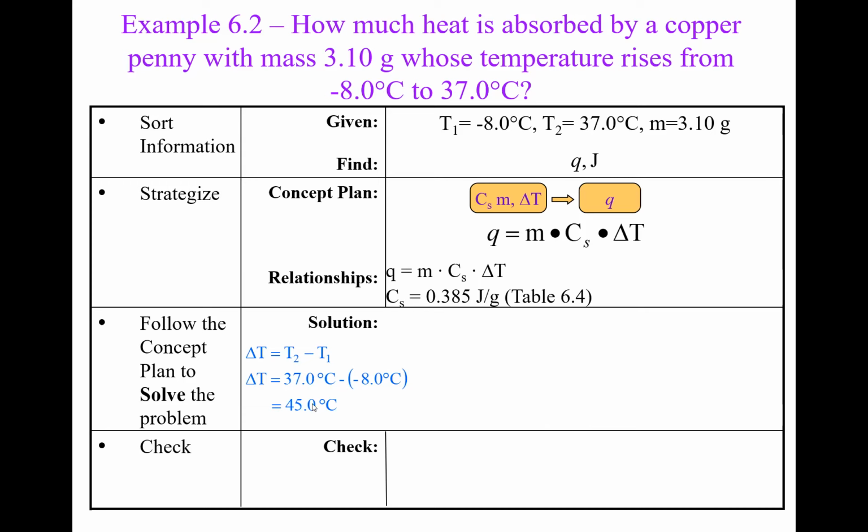This is a classic example. You don't want to miss the problem just because of this silly mistake. If you subtract 8, then you put a 29 in here instead of 45, and you'll get the problem wrong. Again, it doesn't matter Kelvin or Celsius here because it's a change, so the unit actually isn't there.